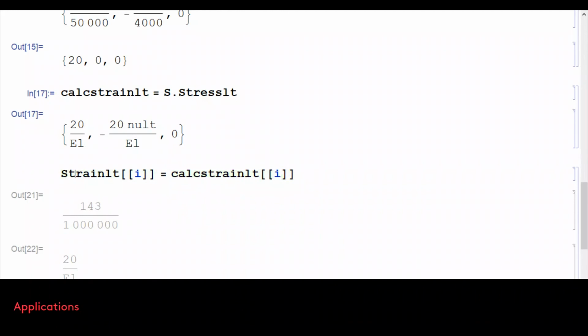I will use the table command in order to make an iteration over the indices, over the elements of the vector. Elements of the vector change from 1 to 3, and this will be my equation set 1.